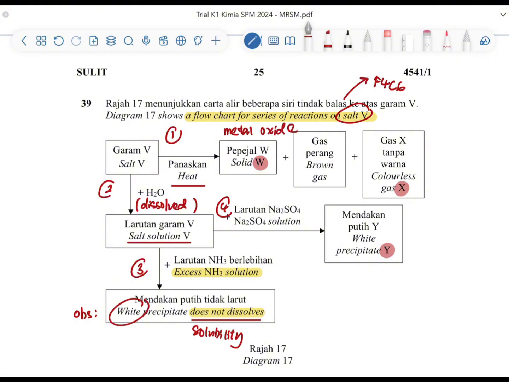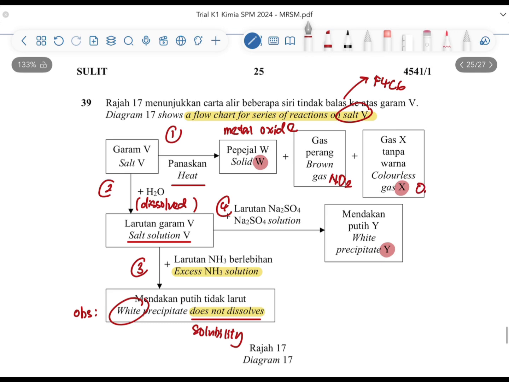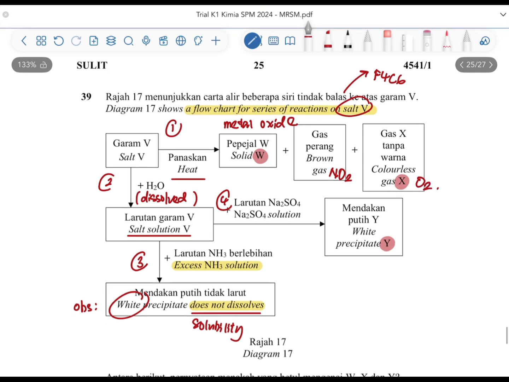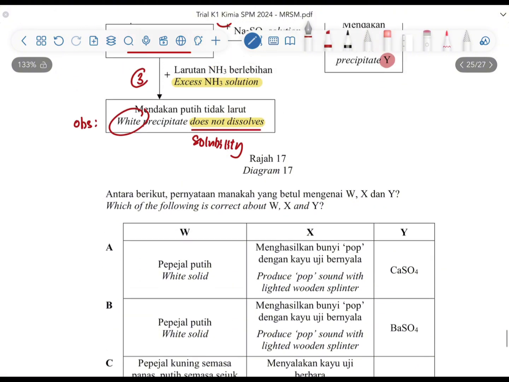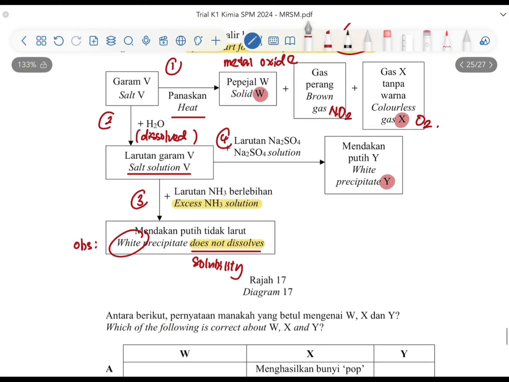The brown gas is nitrogen dioxide. It will also give out oxygen gas, so X is oxygen gas. The chemical test we use for oxygen gas is always the glowing wooden splinter, where if we have oxygen, the glowing wooden splinter will ignite.